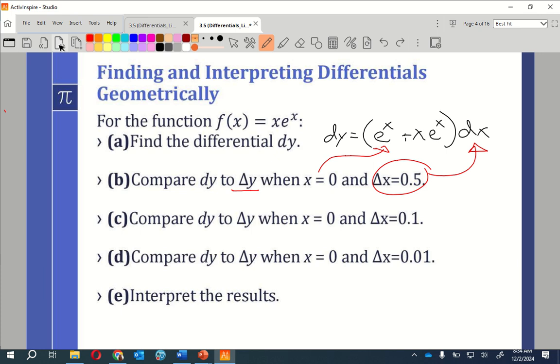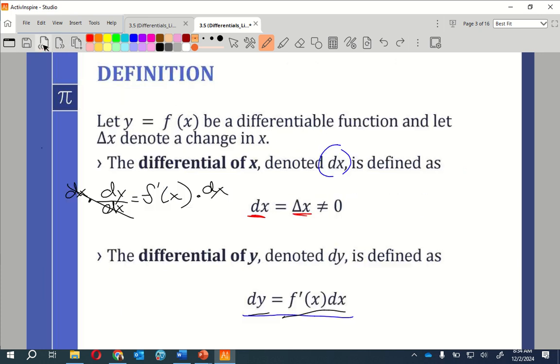So I got that one. Delta y. Oh yeah, because they didn't actually show it over here.